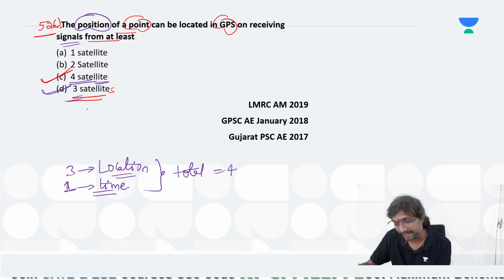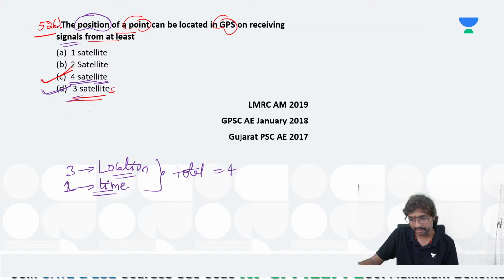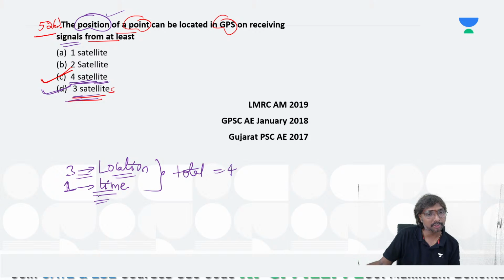Yes, correct. The position of a point can be located in GPS on receiving signals from at least 3 satellites, and 4 satellites will also be correct. With respect to location, 3 will be correct, and with respect to time, 1 is required.